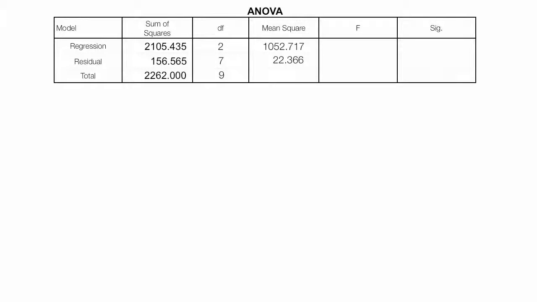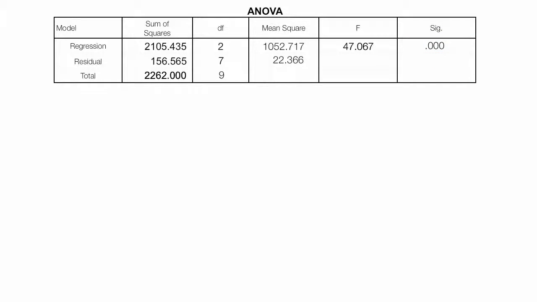So now I take my mean square of my regression divided by the mean square of the residual, that ratio, and this is equal to my F-score, which is 47.067. There is a 0.000 chance I'm getting this by some random chance, and that sig means significance, the same as p-value.